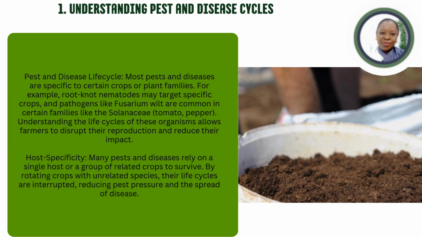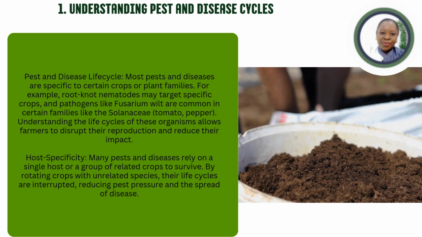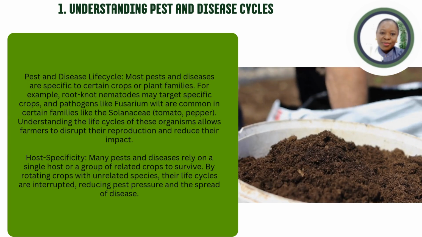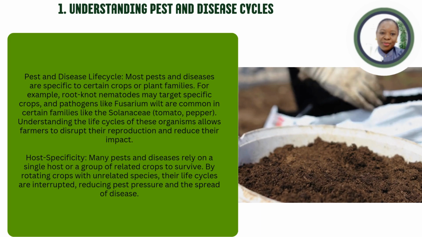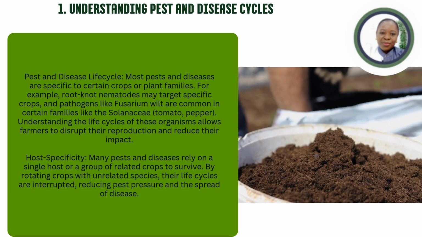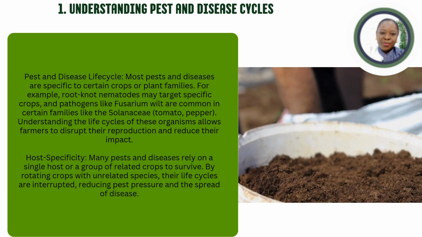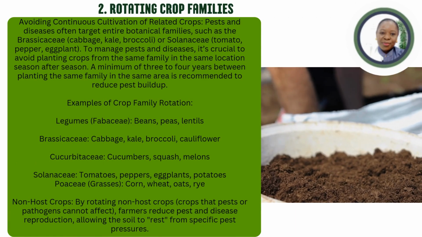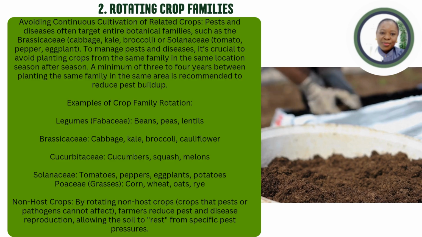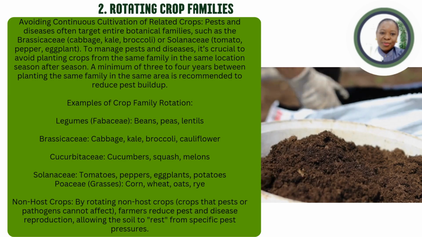Host specificity. Many pests and diseases rely on a single host or a group of related crops to survive. By rotating crops with unrelated species, their life cycles are interrupted, reducing pest pressure and the spread of disease. Rotating crop families. Avoiding continuous cultivation of related crops.